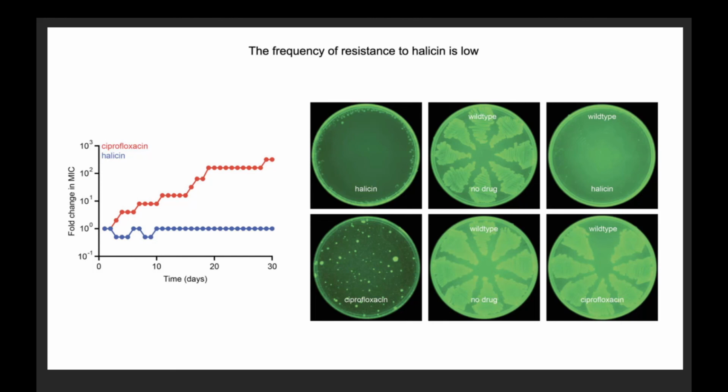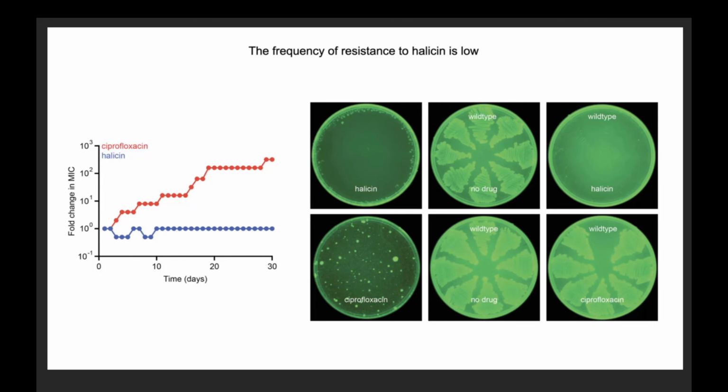Because the idea would be we would evolve resistance, sequence the resistant strain, and then identify the mutation that conferred resistance to help point us in a direction of what the mechanism of action underlying Halicin's efficacy is. However, looking on the left, we can see that over a 30-day evolution experiment in liquid culture, we were unable to evolve resistance to Halicin, where in stark contrast, we were able to readily evolve high-level resistance to the fluoroquinolone antibiotic ciprofloxacin.